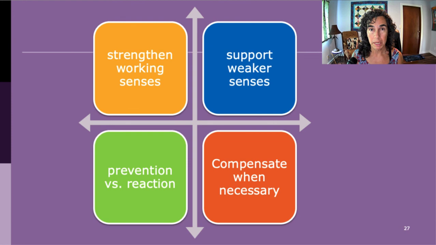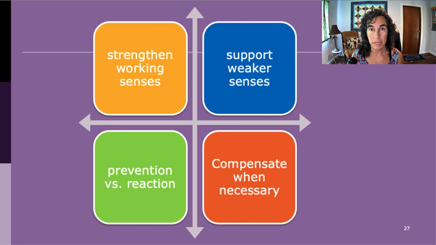And then we want to look at preventing overload rather than reacting to overload once it's happened. So kids with sensory integration issues often develop avoidant behaviors and explosive behaviors because they're trying to avoid the things that are super uncomfortable and hard.